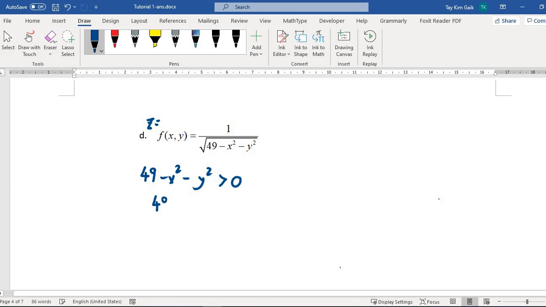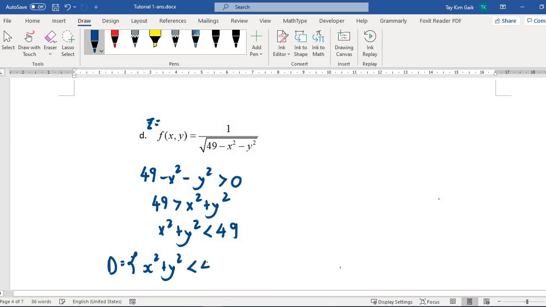That's why 49 is greater than x squared plus y squared, or x squared plus y squared is less than 49. So this is the domain. The domain will be x squared plus y squared less than 49, but not included, such that x is a member of the real numbers, y is a member of the real numbers.